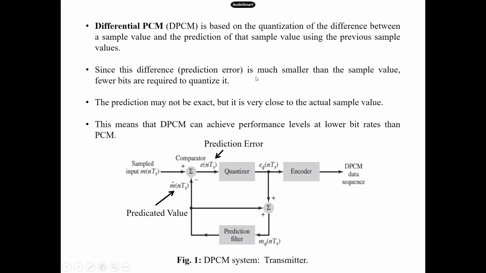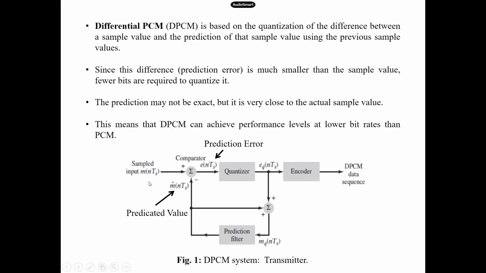Since this difference, the prediction error, is much smaller than the sample value, fewer bits are required to quantize it. The prediction may not be exact, but it is very close to the actual sample value. This means that DPCM can achieve performance levels at lower bit rates than PCM.